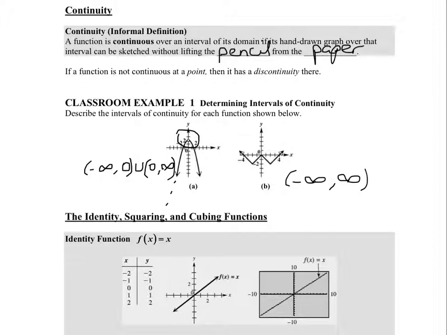Also, when we're talking about increasing, decreasing, and constant, we have to be very, very careful about how the symbols are written, whether we have open circles or closed circles. It won't be a function if we have any points that are overlapping. If we're just talking about continuity, it may or may not be a function.